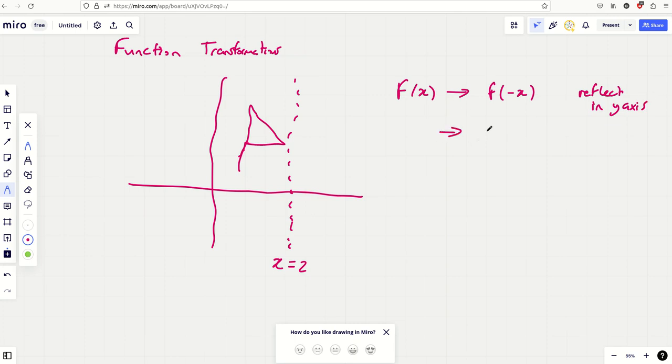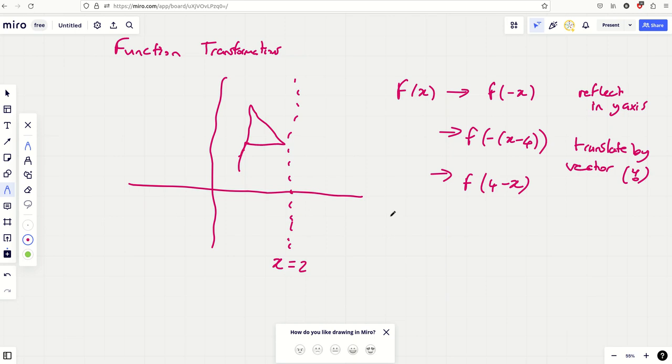Now, how do you translate 4 to the right? Well, you replace x with x minus 4, to move it 4 to the right, and that's going to give you f of 4 minus x. Now, in general, let's translate by vector (4, 0).